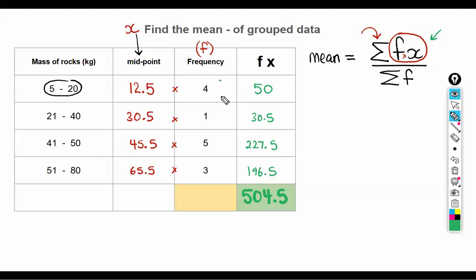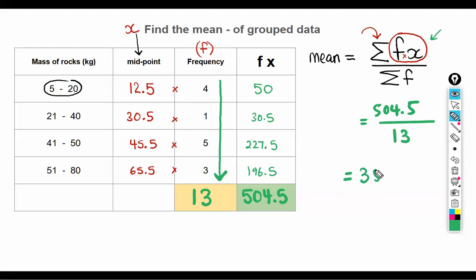So let's add up the regular boring f column now. I don't think I need a calculator for that. I'm getting 13. So to find the mean, we take 504.5 and divide it by 13. So 504.5 divided by 13. Remember, I always encourage people to go to 2 decimal places, but I'm not going to fight about it today.